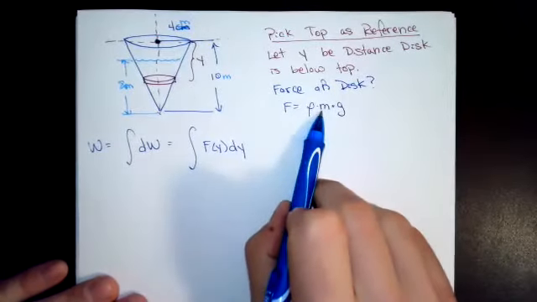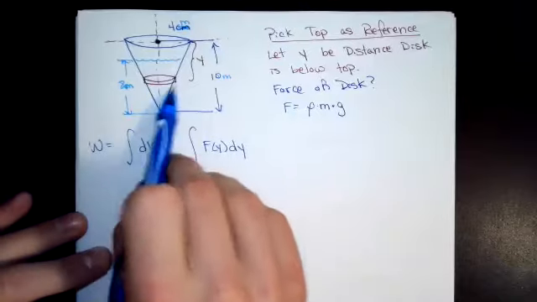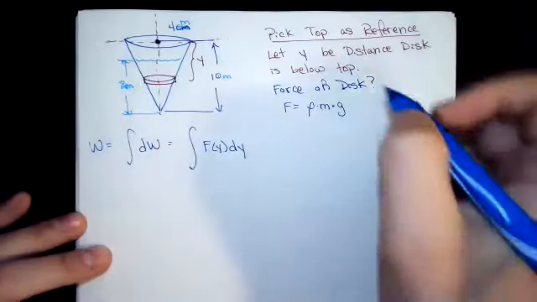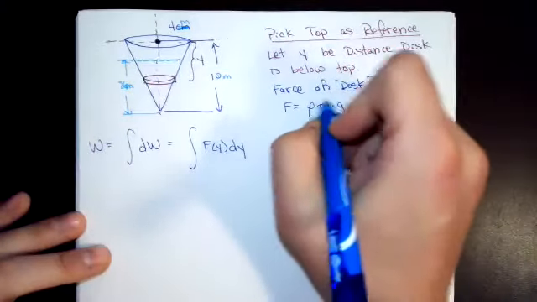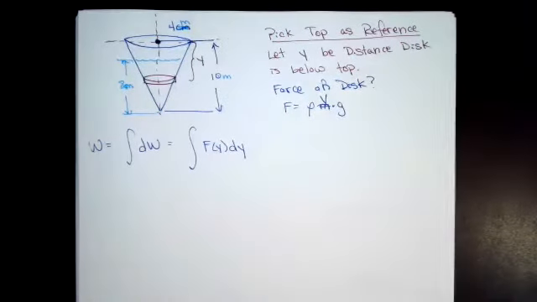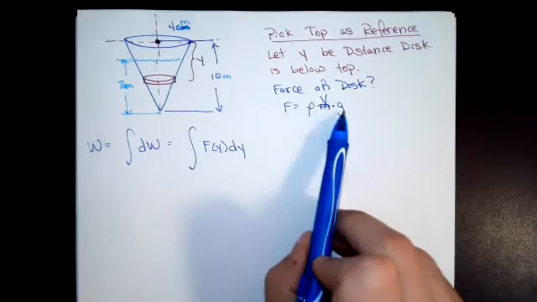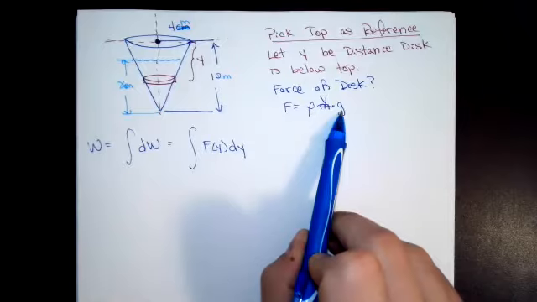Density times mass is going to give me the total mass, or excuse me, density times, not mass, times volume. Is going to be the total mass, then times gravity gives me the force on it.